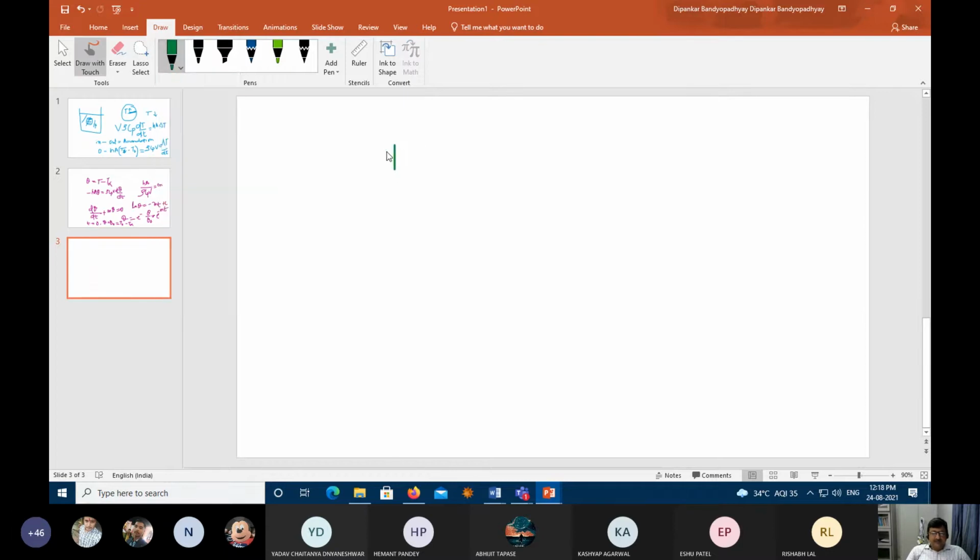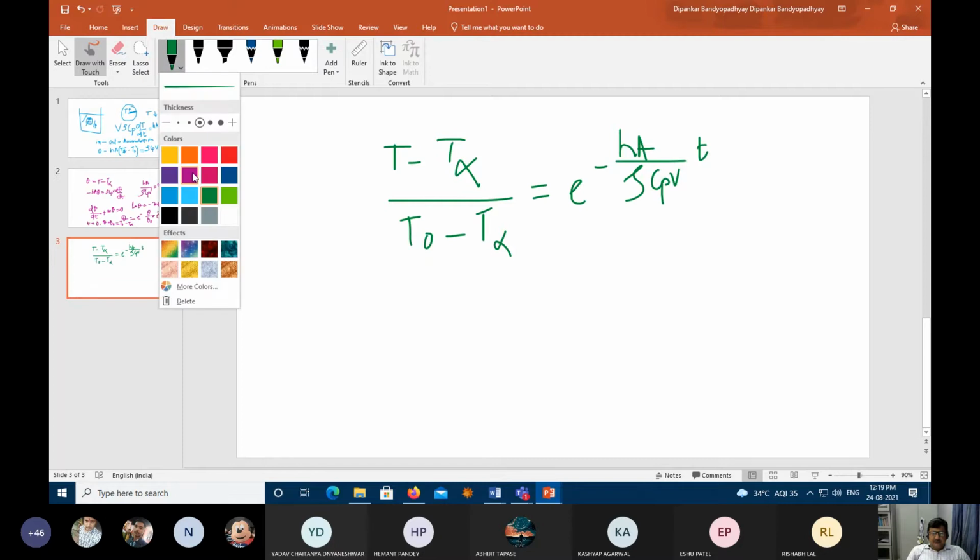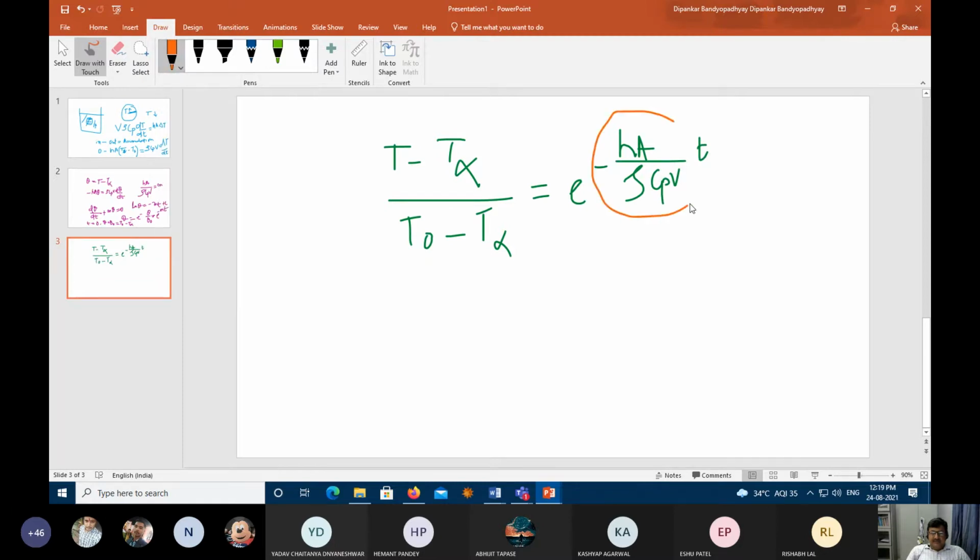So the equation comes out to be (T minus T infinity) divided by (T0 minus T infinity) is equal to e to the power minus hA divided by rho Cp V, into t. So if you notice in this term, all the material properties are embedded.